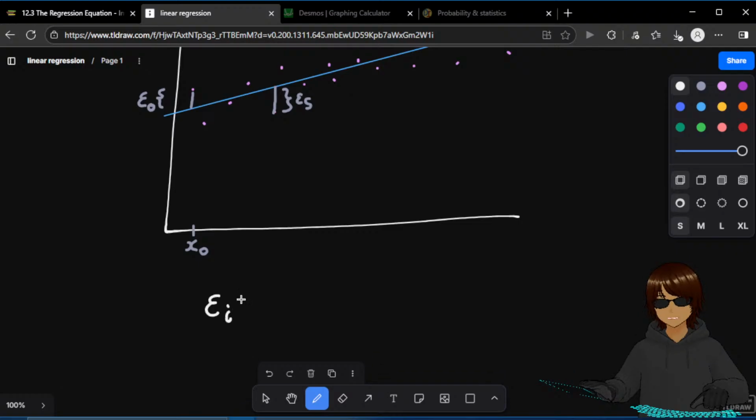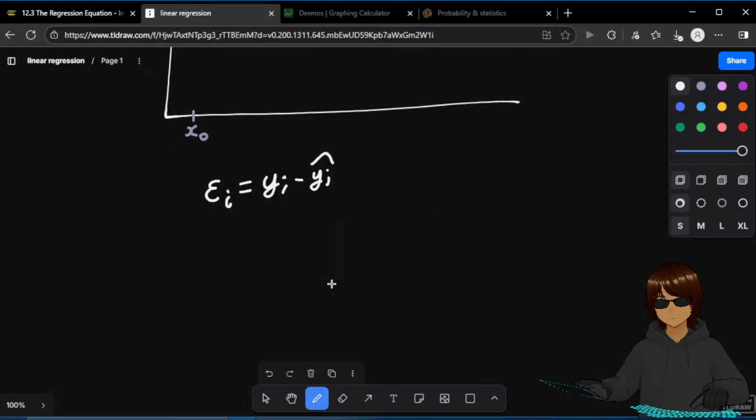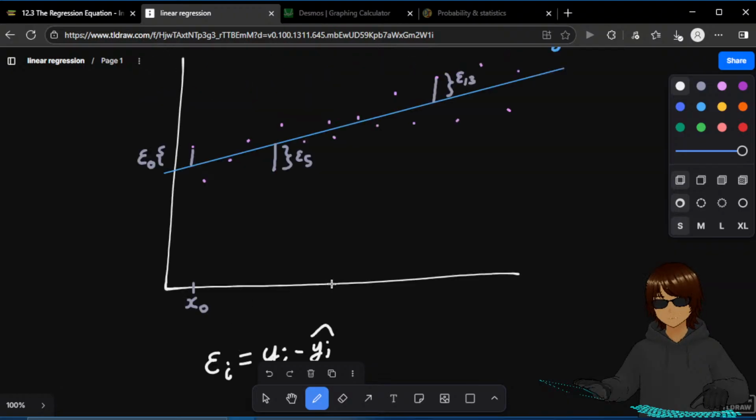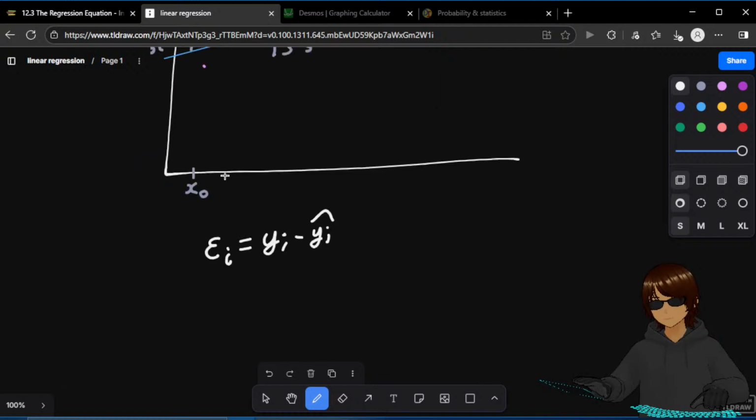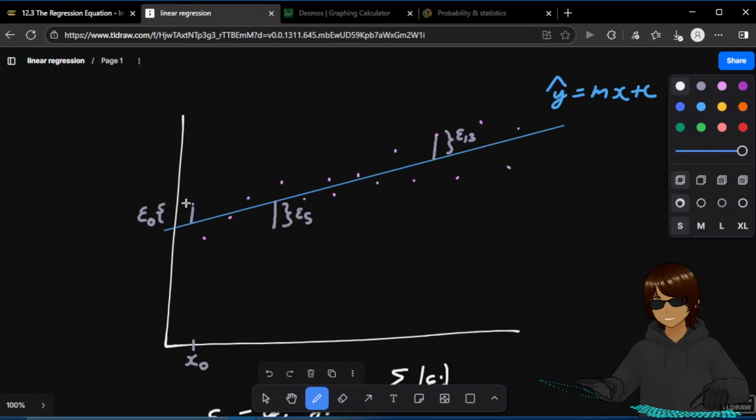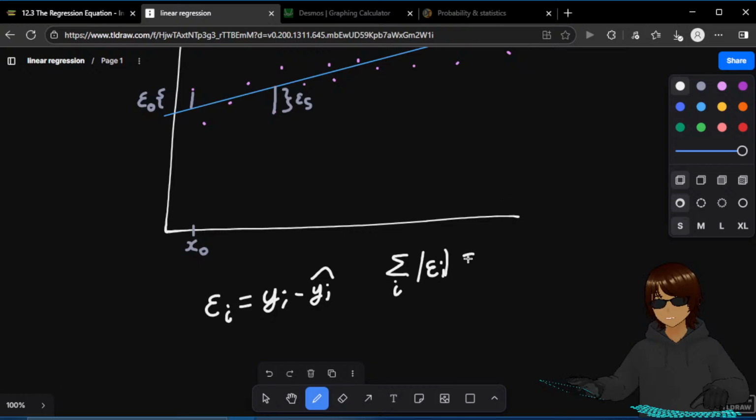Sigma i is the actual value minus the predicted value. If this is truly the line of best fit, then the sum of all of these sigmas, the sum of all the distances, would be 0.